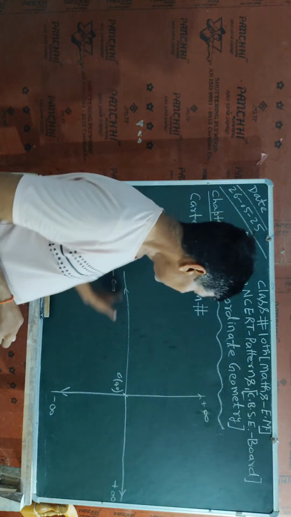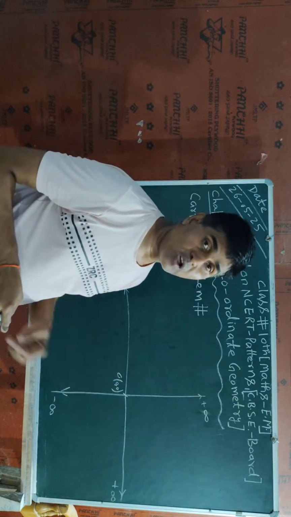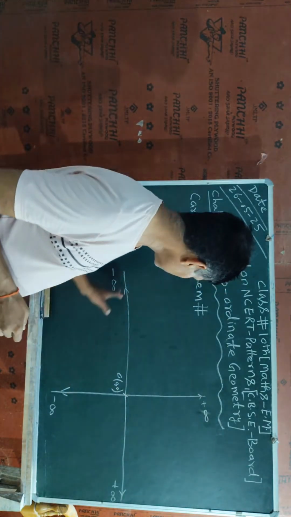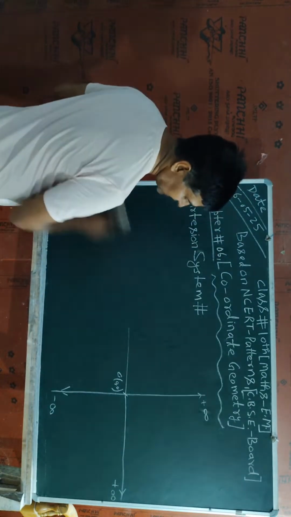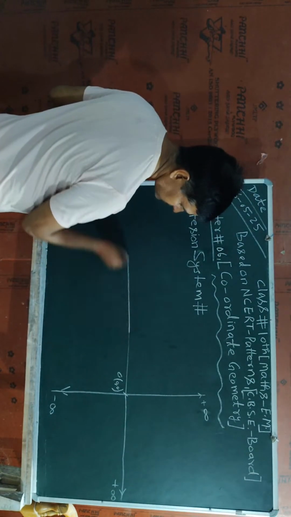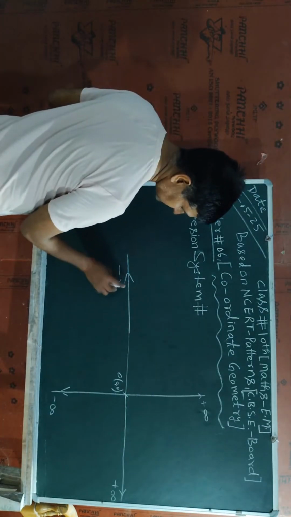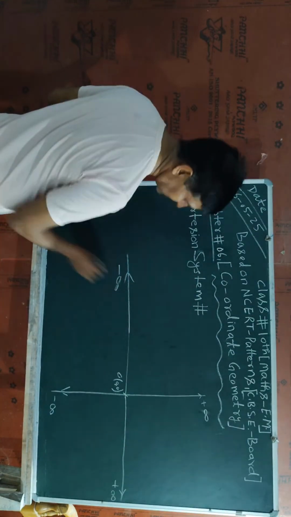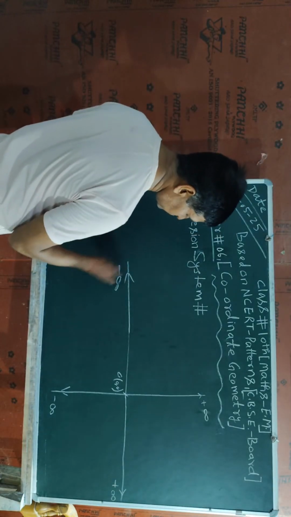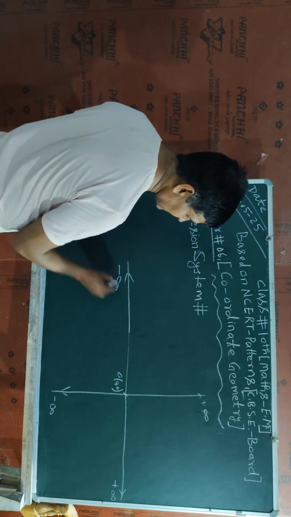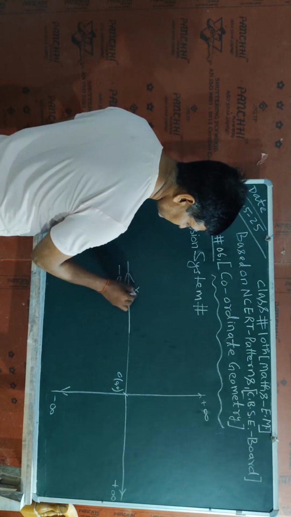Also a line which is parallel to the horizontal line, I will say this is the x-axis. If anyone asks where this line will stop, I will say that the line will stop at infinity.